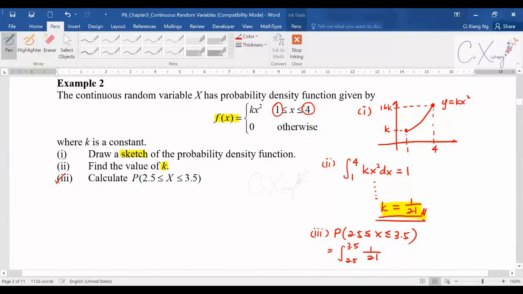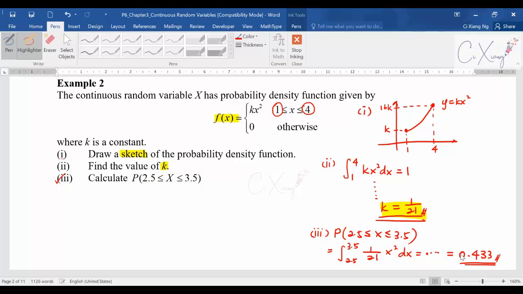K is 1 over 21, and then x squared, then dx. If you continue from here, you should be able to get the answer 0.433. All this basic one, I will just leave it for you to complete. I just guide you roughly how to set up the question.